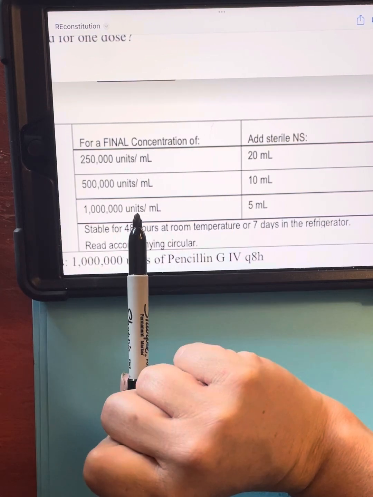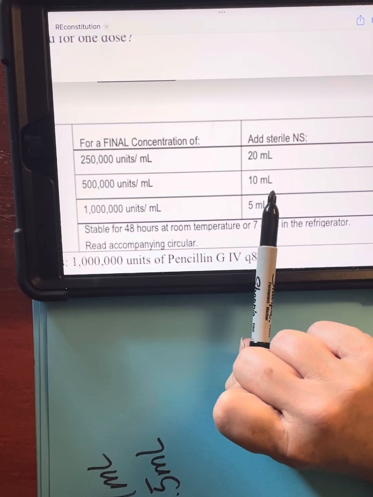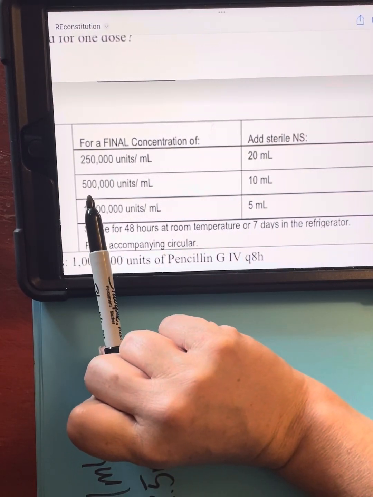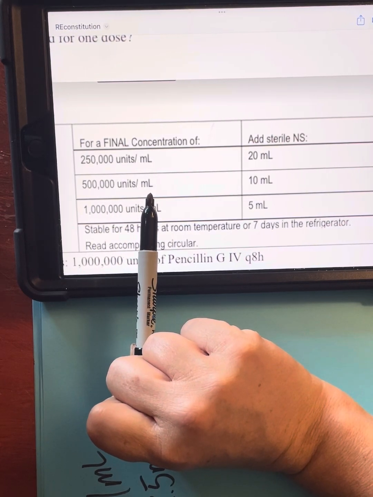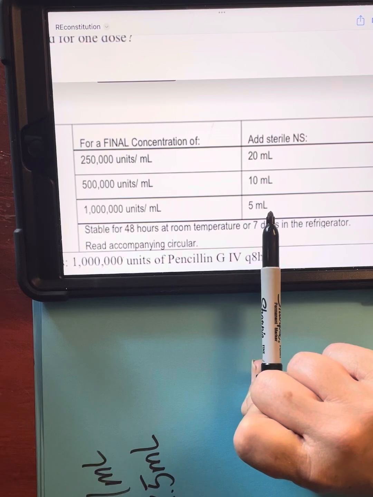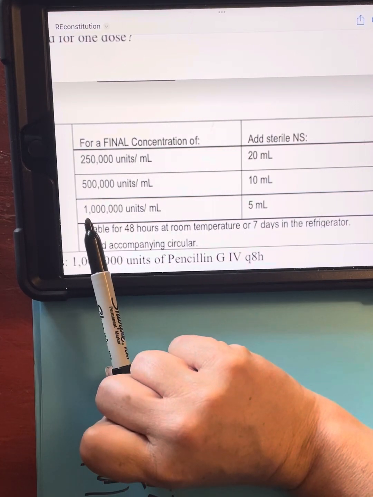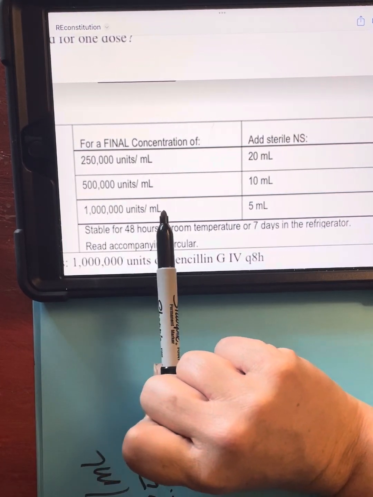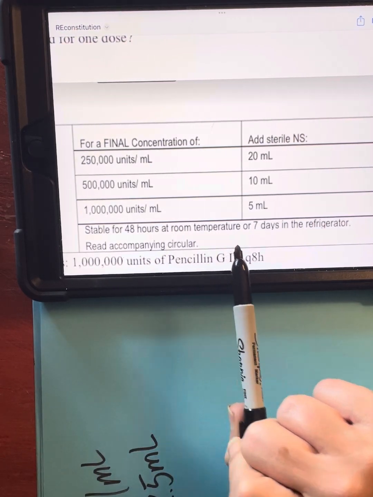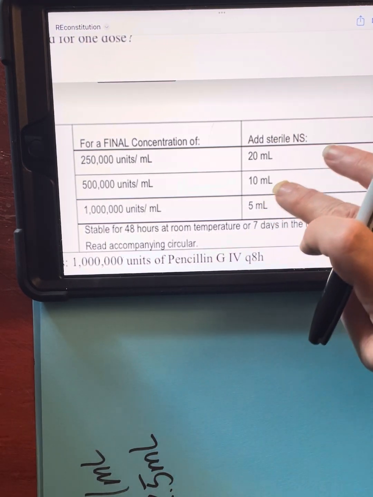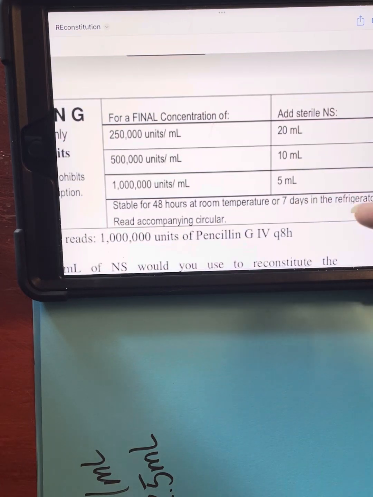If you only put 10, it's going to be 500,000 units per milliliter. If you just put 5 milliliters, it's going to be 1 million units per milliliter. And it's stable for 48 hours at room temperature, 7 days in the refrigerator.